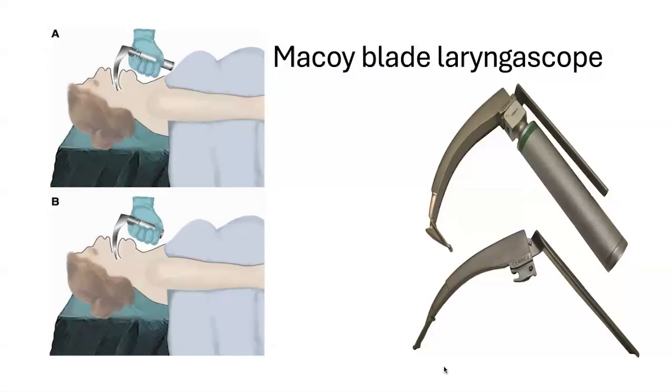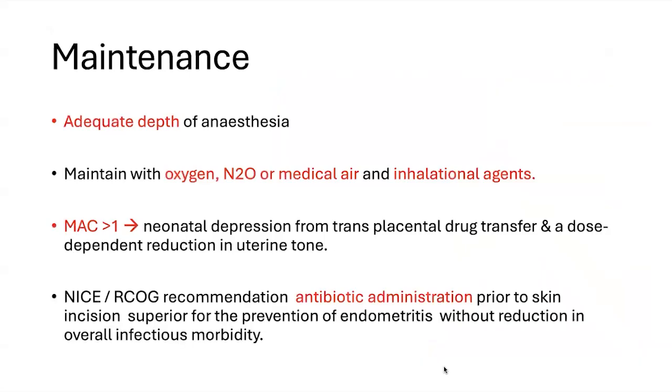A McCoy blade laryngoscope with a polio handle is very useful to avoid the engorged breasts hindering the manipulation, and also to prevent extensive neck extension while intubating. We can pick up the epiglottis with the McCoy blade lever.